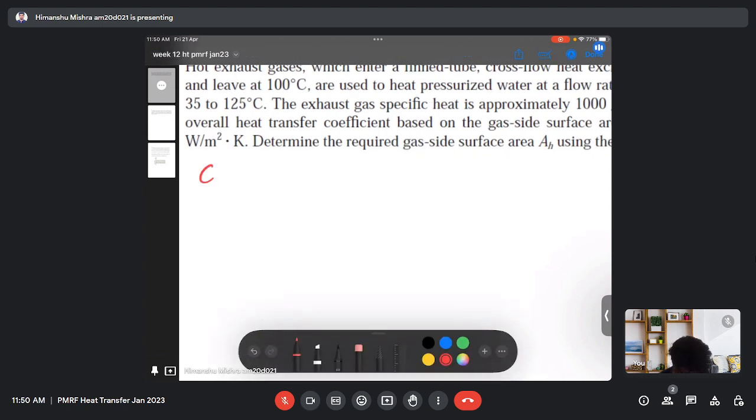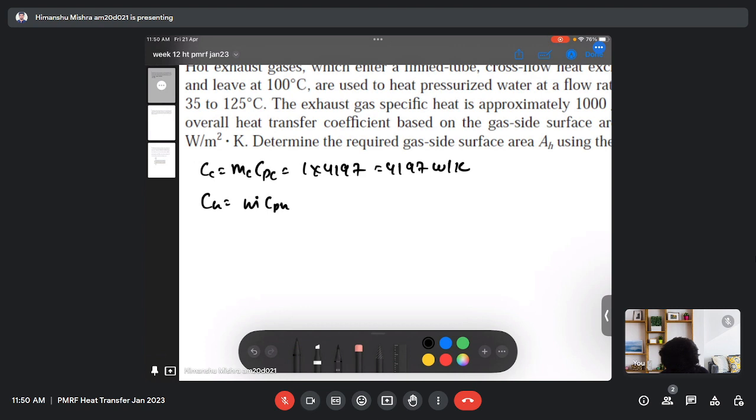So my specific heat capacity for the cold fluid is... and for the hot fluid... The mass flow rate of the hot fluid is not given, so it is unknown, and the specific heat is also unknown.